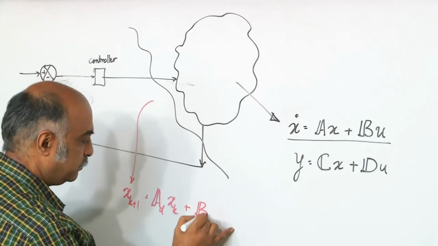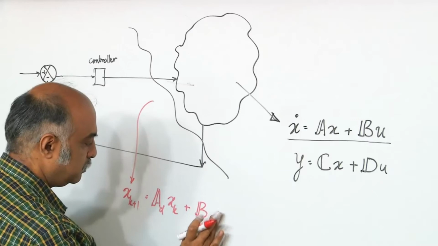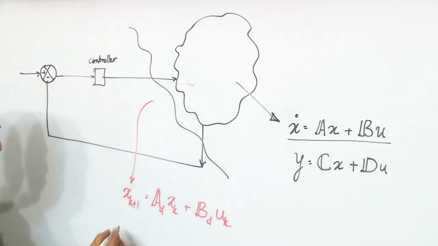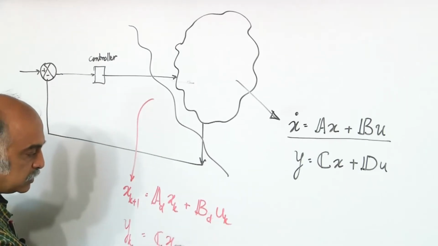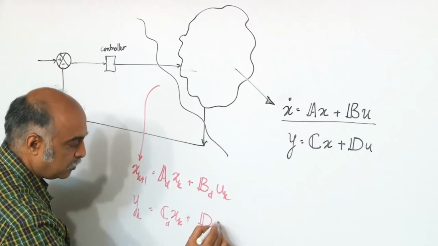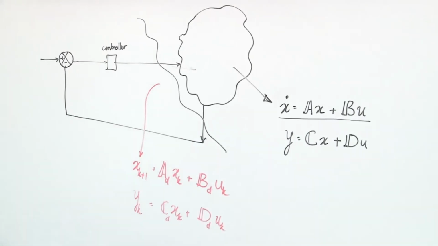So, they are different. And likewise, you have y of k is C x of k plus E d u of k, right.